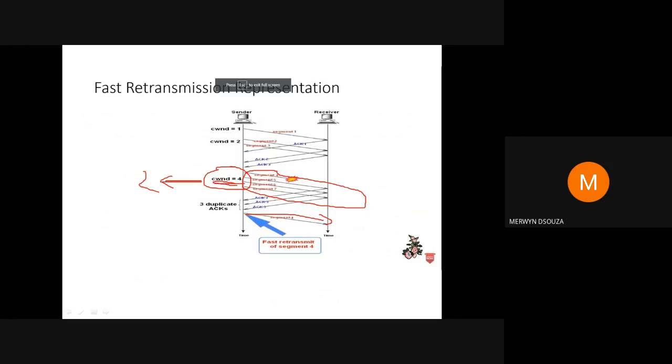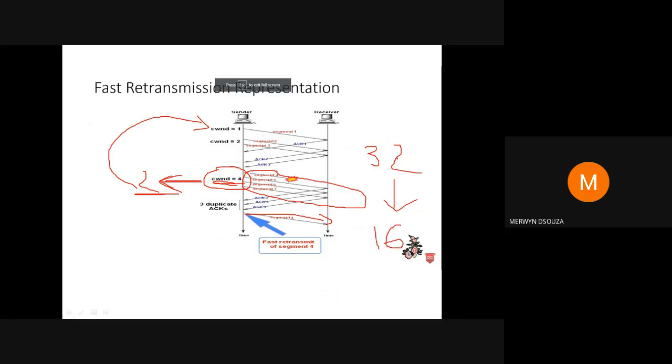Fast recovery will reduce that size by half, so it will become 2. Suppose the congestion window was equal to 32, fast recovery will reduce that size by half, so it will become 16.